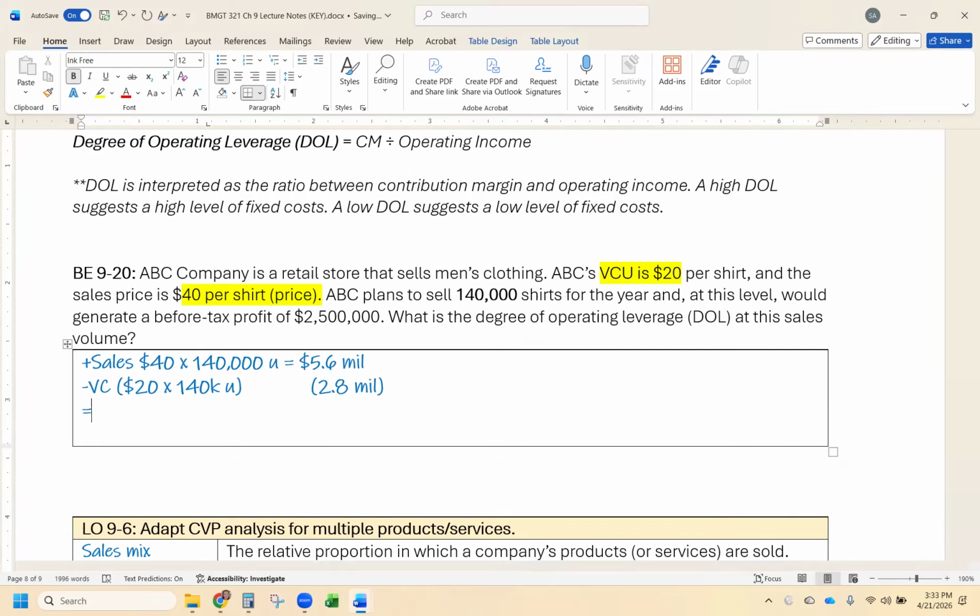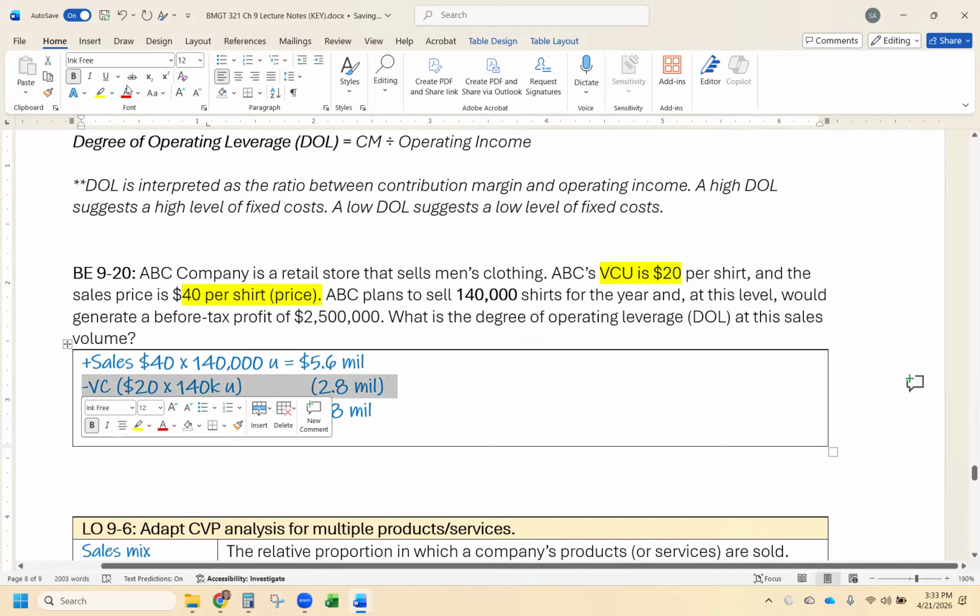Now, because it's set up kind of cool, our contribution margin is also 20. Oops, I don't want that in parentheses. So that makes our contribution margin also 2.8 million.